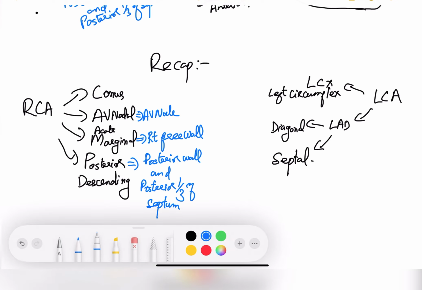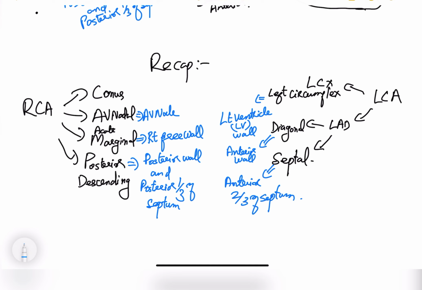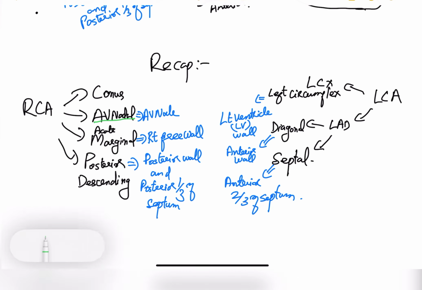Once again, the LCx supplies the left ventricular wall, while diagonal artery supplies the anterior wall. The posterior descending supplies the posterior wall and also the posterior one-third of the septum. Here diagonal supplies the anterior part and septal branch supplies the anterior two-thirds of the septum. So that's the key difference.